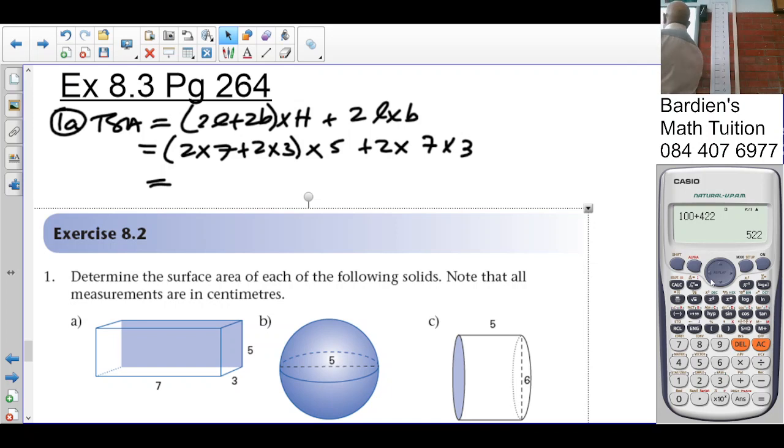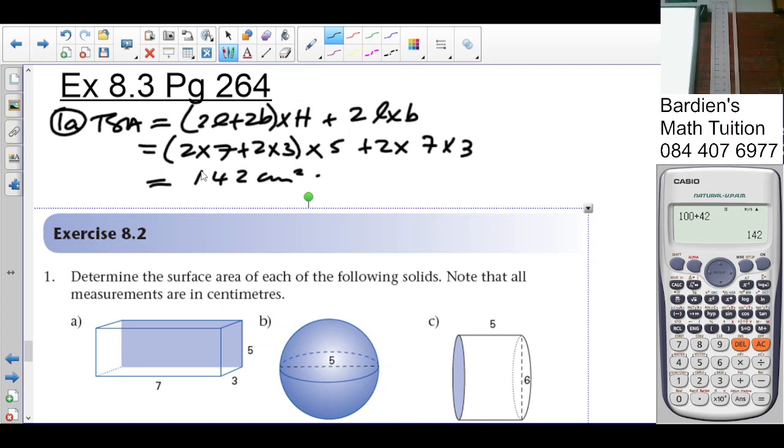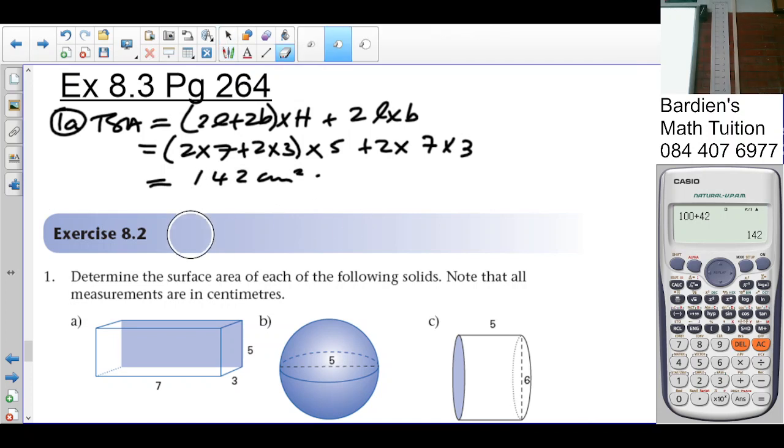Then 142. Is that correct? 142 is correct. Centimeters squared. You all agree with that? So that's A.